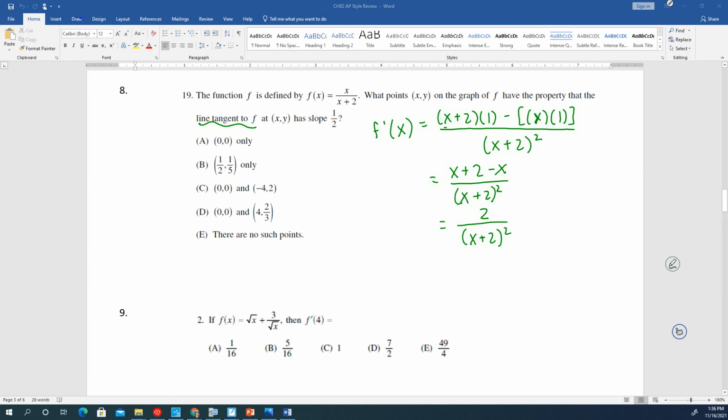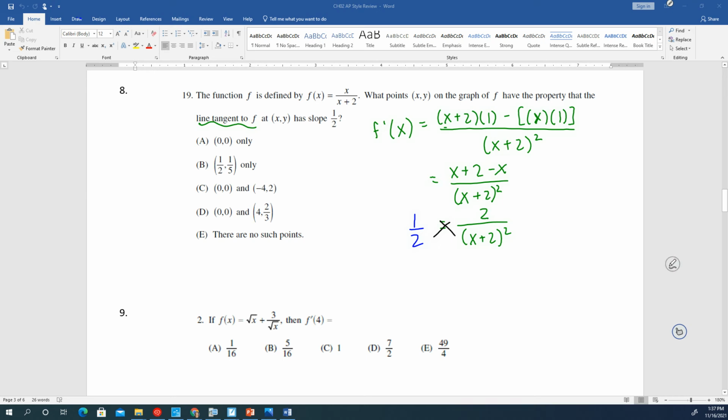Okay, there's my derivative, my slope equation. And I want to know when these have a slope of 1/2. So I'm going to set it equal to 1/2. To solve this, a couple of things you could do here. I times both sides by 2 right away. No, I don't want to do that. I'm going to divide both sides by 2, actually. That'll get rid of this 2. Or you could cross multiply. Maybe I'll cross multiply.